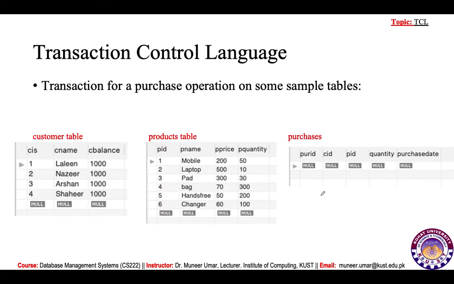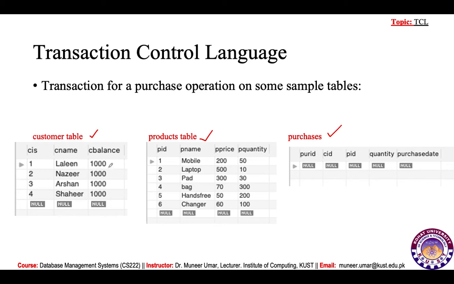So here we are going to make our transaction for some statements that are part of an operation. We have three tables: the customer table, products table, and purchases table. Each customer has a balance.